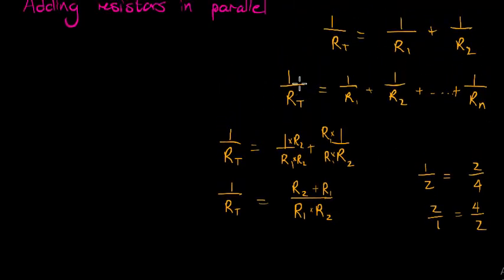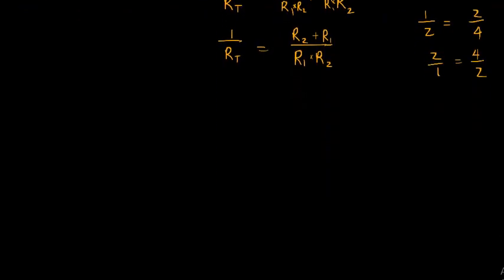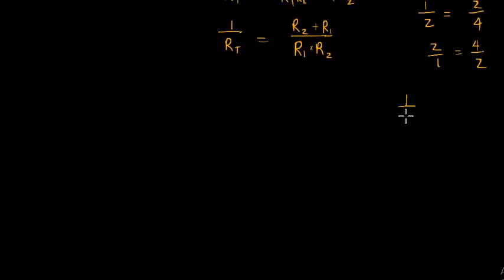Okay, notice that I can't say RT is R1 plus R2 plus R3, and let me demonstrate that. A quarter, a half, are 2 quarters, 1 quarter plus another quarter. I can't say that 2 is equal to, now I just flip them around, 4 plus 4. That's not true.